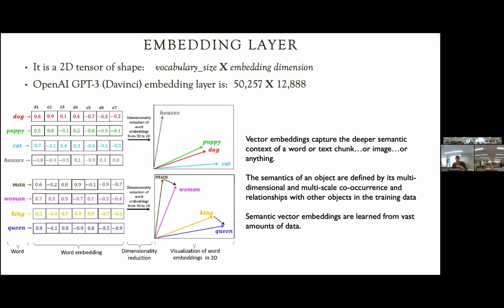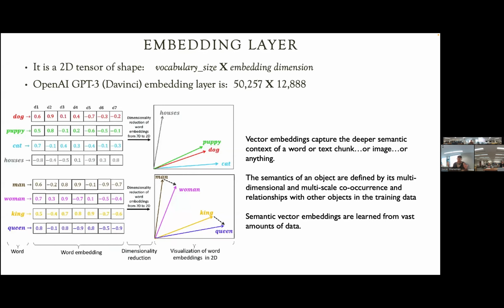I'm guessing they didn't come up with the 12,888 by chance. I think they probably tuned a bunch of dials until they realized that was the optimal number. I don't know what the rules of thumb are for that. But if it's too long, then things become computationally expensive and memory expensive, so there's a trade-off there for sure. At some point, you're going to have a larger dimensional space than the data you're actually representing.